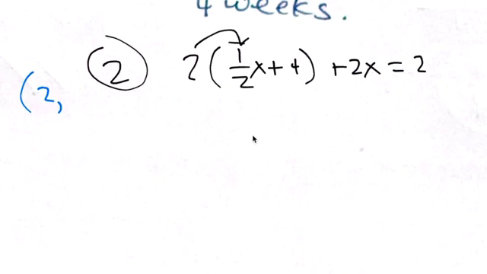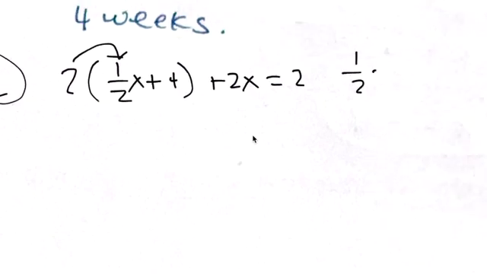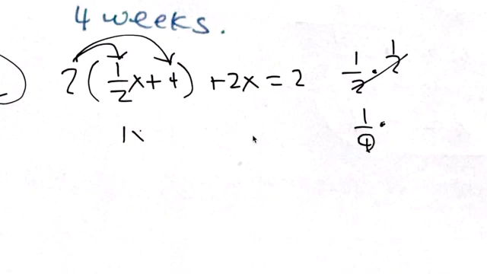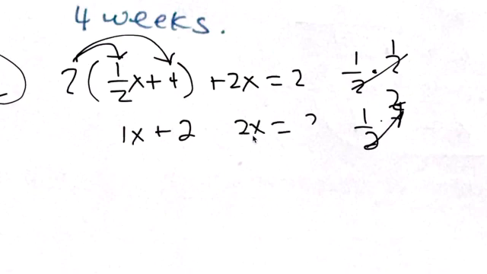Distribute, that means you multiply. So 1/2 times 2, cross cancel. That gives you 1x. 1/2 times 4 is 2 there. And then 2x equals 2.